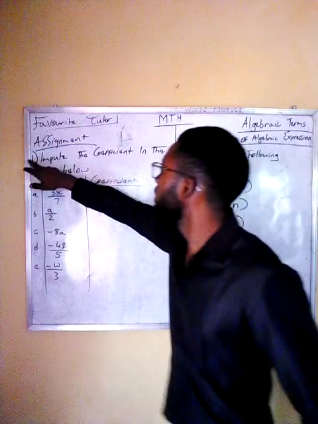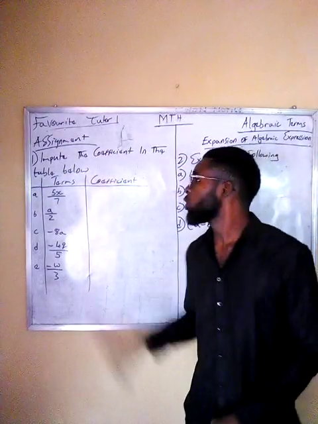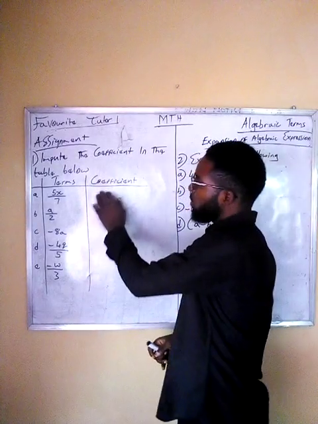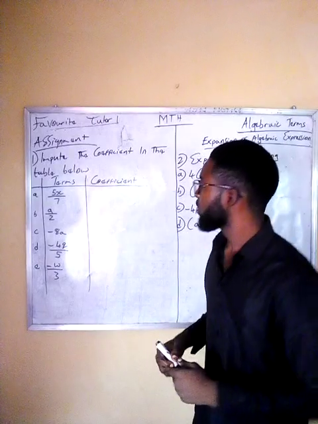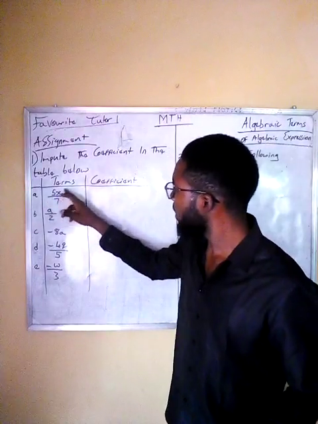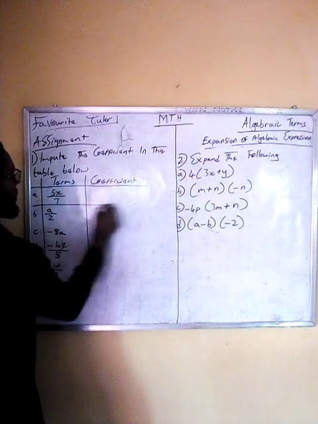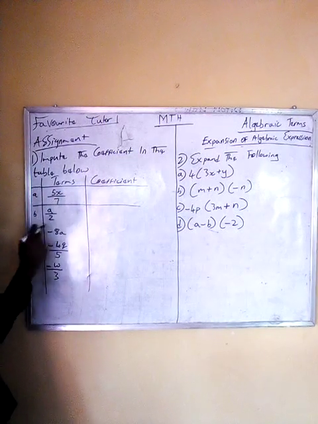The first one, impute the coefficient in the table below. So we have the terms. What you have to do is to impute the coefficient accordingly. The terms here: A, 5x over 7.